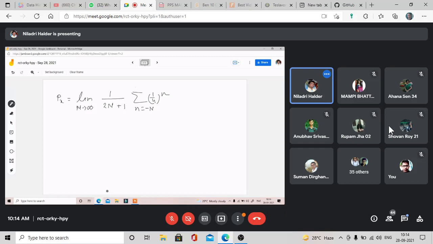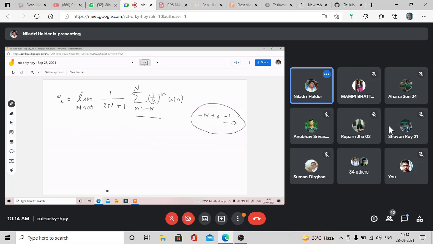Okay. So for this case, whenever you are using that un, so minus N to minus 1 again will be 0.